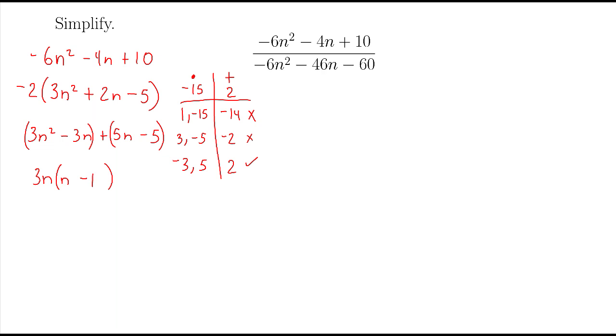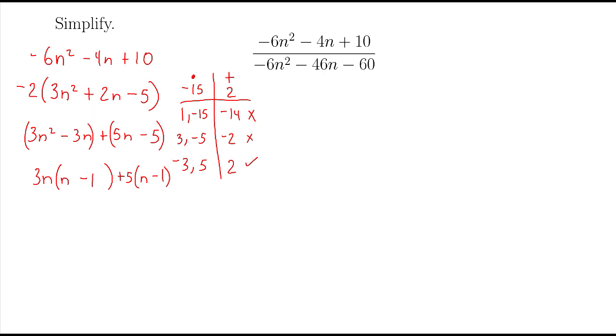Then for the last two terms, these have a common factor of positive 5. If I divide by 5, I'm left with n, and here I would end up with a negative 1.